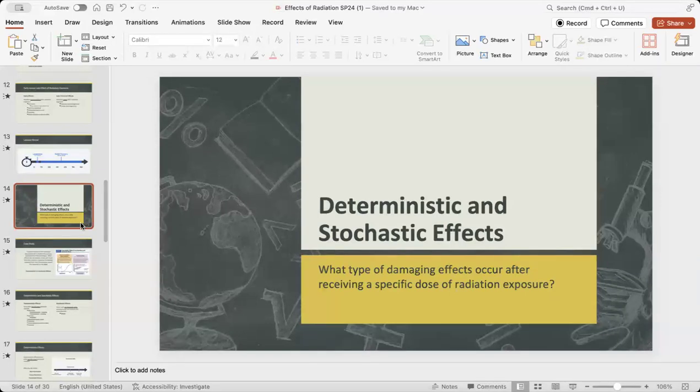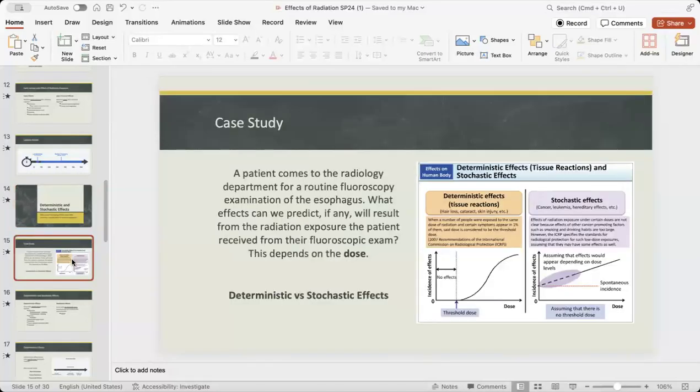What type of damaging effects occur after receiving a specific dose of radiation exposure? So, next case study: a patient comes to the radiology department for a routine fluoroscopy exam of the esophagus. What effects can we predict, if any, will result from the radiation exposure the patient received from this specific exam? This depends on the dose.